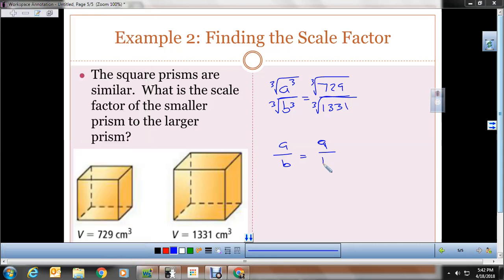That gives us 11. So 9 over 11 is our A over B. So this is our scale factor. So we get 9 over 11.